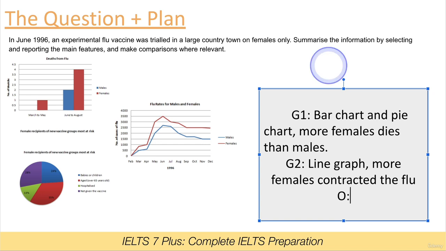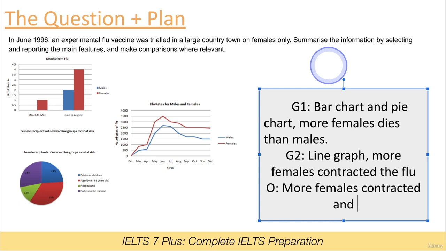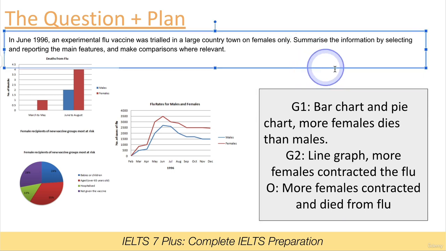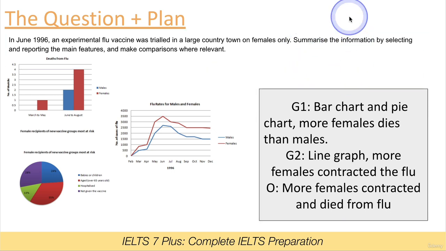In general, more females contracted and died from flu. So you can see we're still doing the groups, but this time we are grouping different charts together. That's how we'll approach this one in order to make it easier for us to tackle.